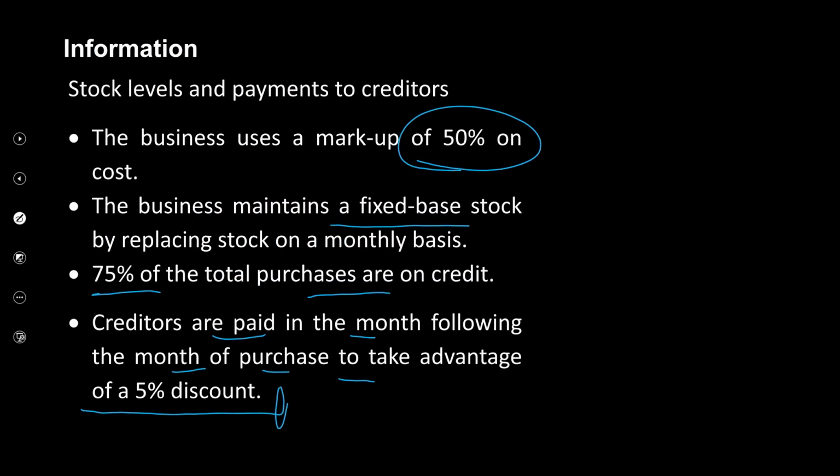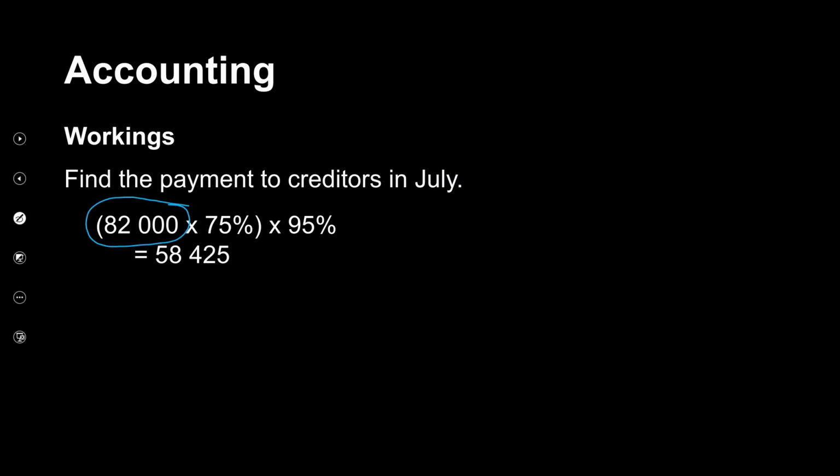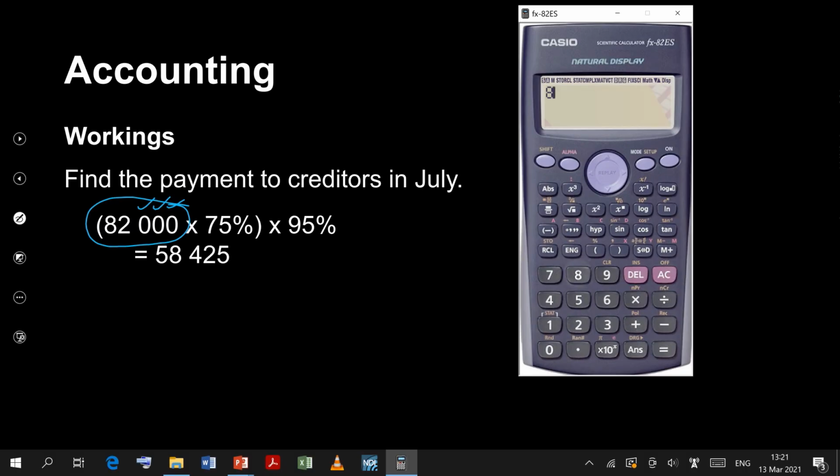Okay, let's take the cost of sales that we have here. There's my 82,000, right? Times 75%. Why? We got 82,000 times 75%.